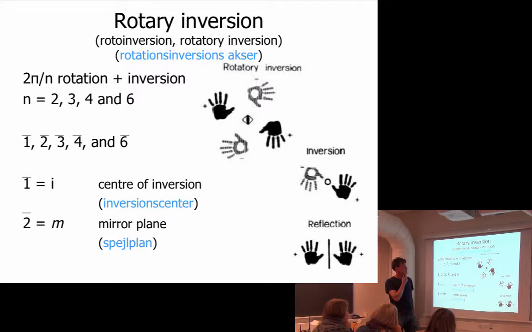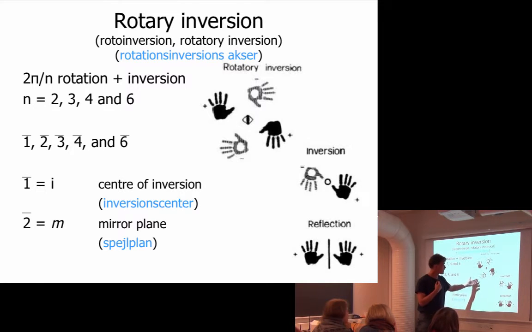Then there are these elements called rotary inversion elements. That's a combination of a rotation and an inversion. You can see how it goes here. Here we have a 4-fold rotation and then an inversion, right? So we get these kinds of elements.